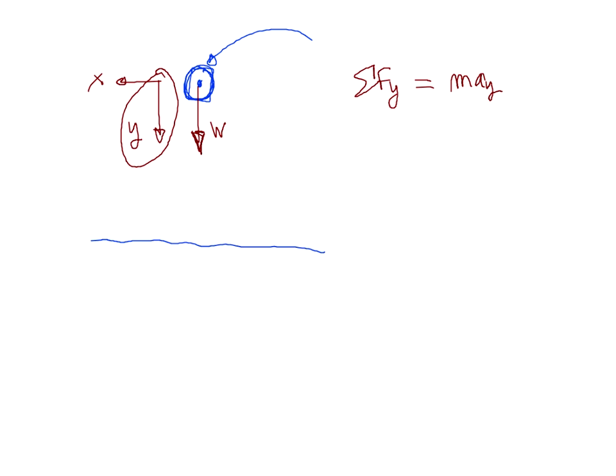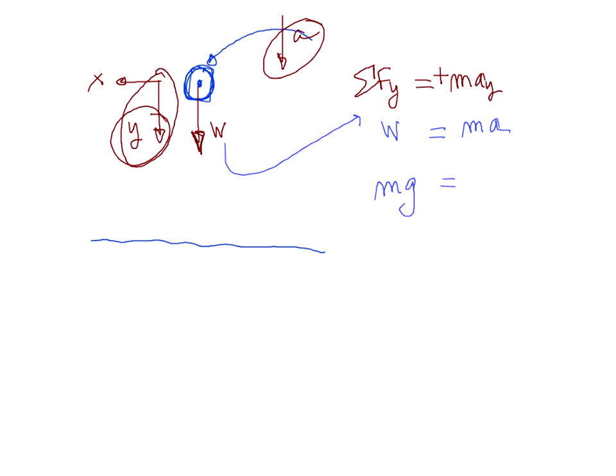I know my system is being accelerated down because it's a free fall situation, so I pick my y in the same direction as a so that this is positive. But again, you don't have to, as long as you put it there. Therefore, let's put the functional form of the only force that I have. It's the weight. Weight is equal to ma. What is the definition of weight? mg. mg is equal to ma. Let's solve for a. a is equal to g, and g is 9.81.